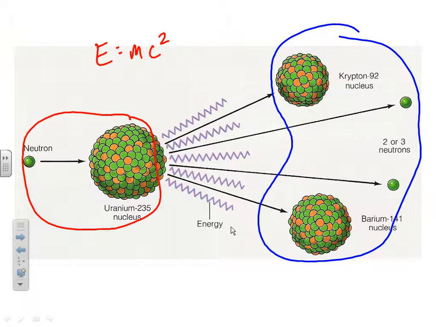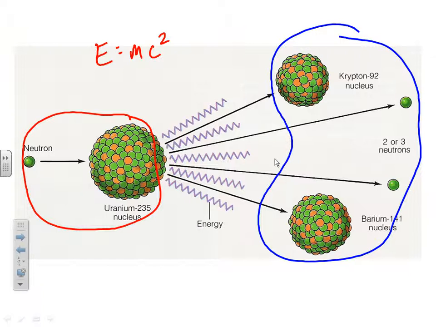But yesterday we had a discussion about the huge numbers that are involved. If we look at it on a one atom basis, one atom is so small that the difference in mass between reactants and products for one atom doesn't amount to much energy at all.